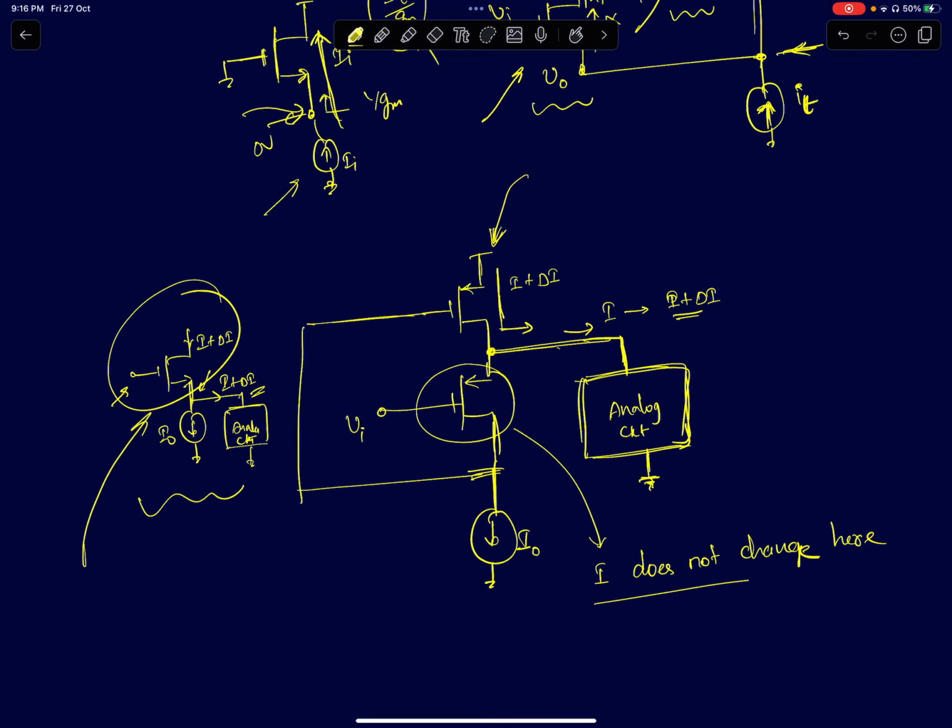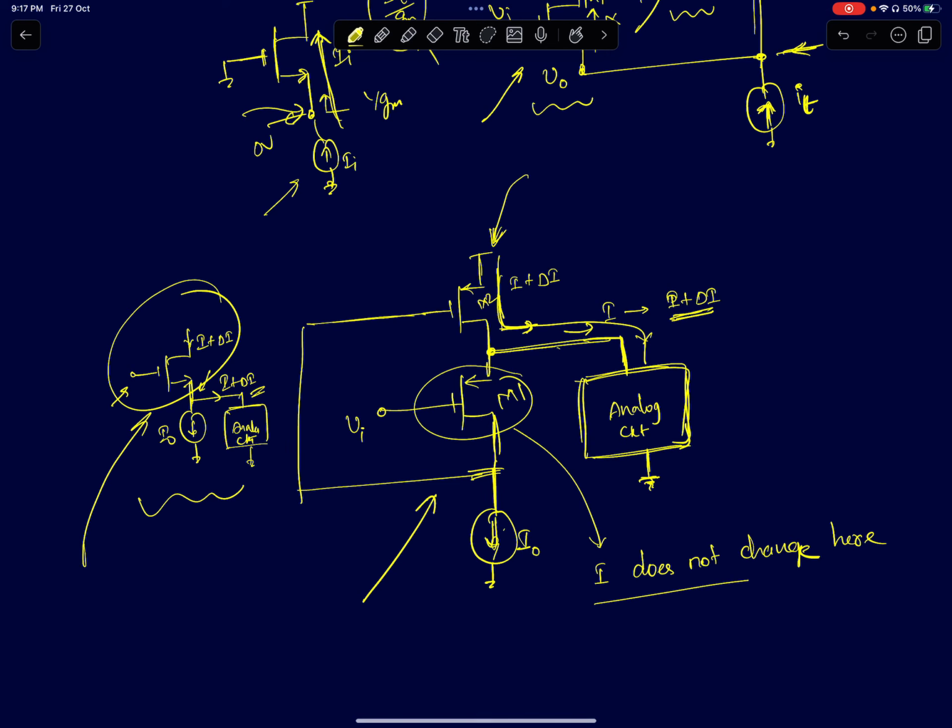On a flipped voltage follower structure, which I've shown here, this is sourcing current into the analog circuit. So if the current in the analog circuit increases by delta I units, that delta I flows from M2. This is M2 and this is M1, so this is the PMOS equivalent of our NMOS circuit. Okay, so the current in M1 remains fixed.